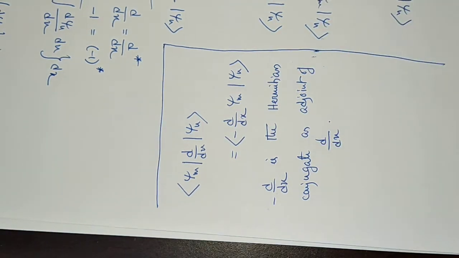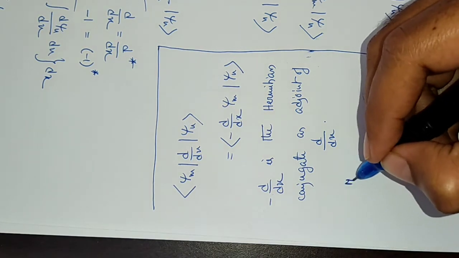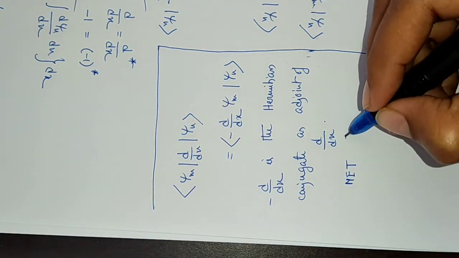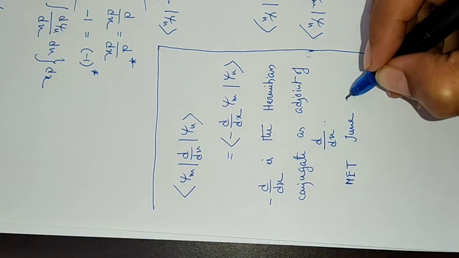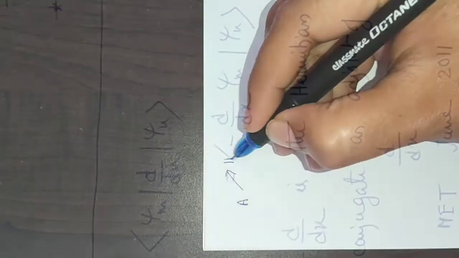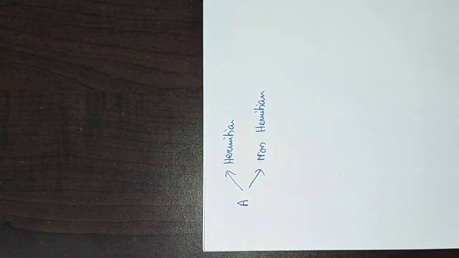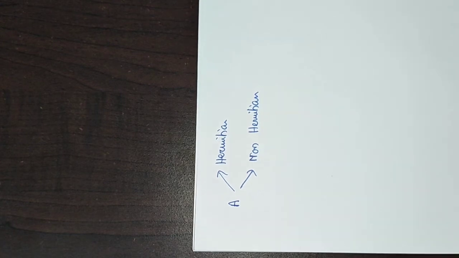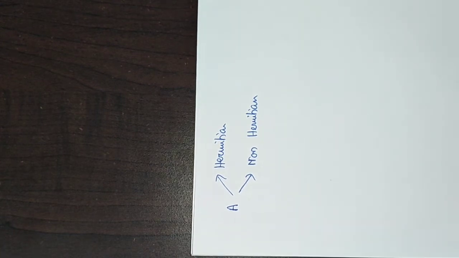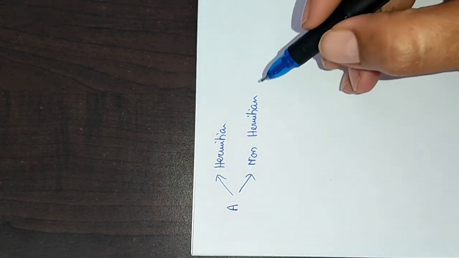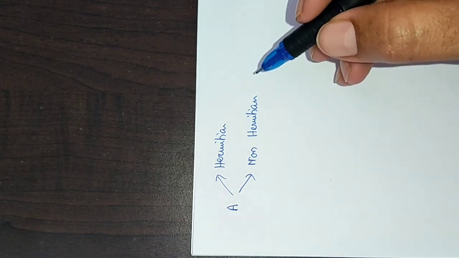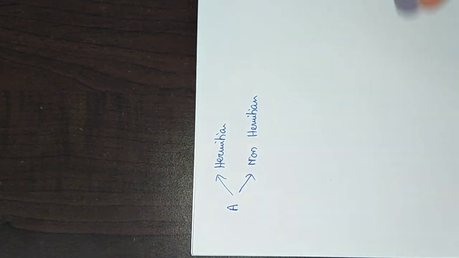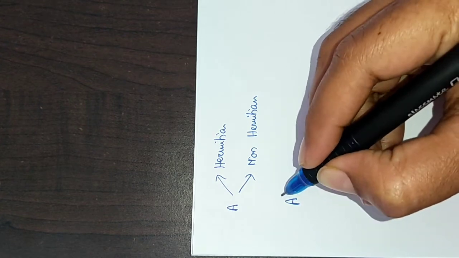Now this question appeared in NET June 2011. Now when an operator is non-Hermitian, we get the Hermitian adjoint or Hermitian conjugate, and that is symbolized as A dagger.